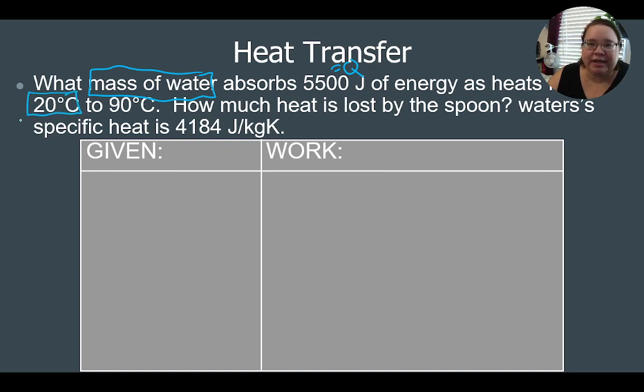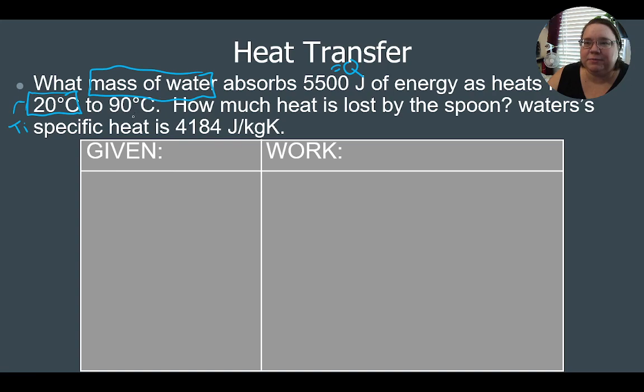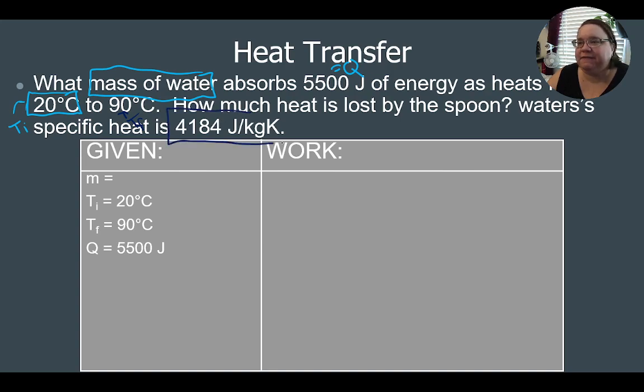So 20 is my initial temperature, and 90 is my final temperature. Lastly, it gives me my specific heat value. Specific heat is the only thing that we will play with that has this ugly of a unit, so don't fret too terribly much.